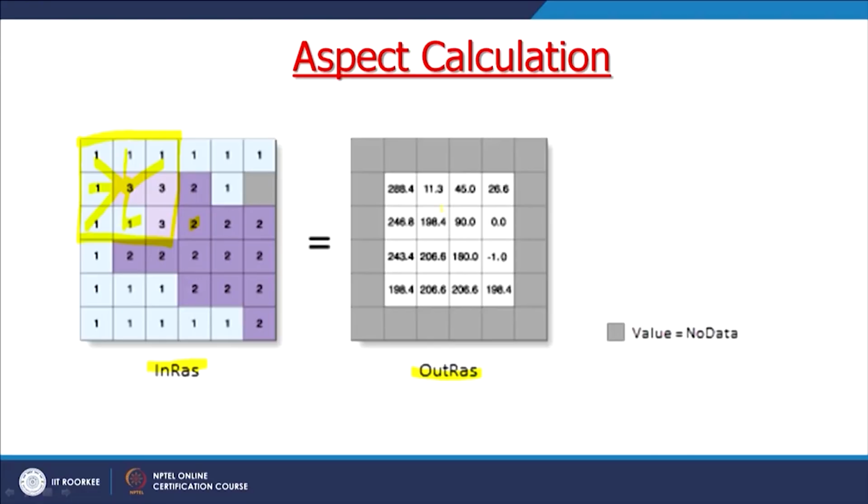That means that for this cell there will be a slope like this, or an aspect which has a very high value, quite in the northwest direction, as you can also see here that it is in the northwest direction.